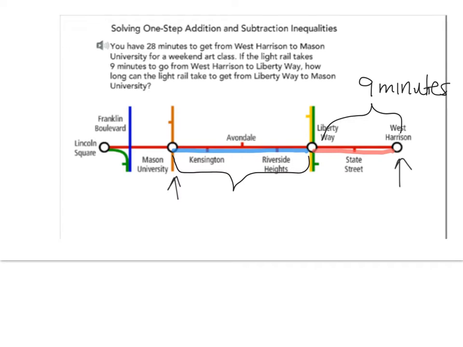Whenever we don't know the value of something, we always put a variable, so I'm going to put an X. The whole destination we want to get to is from West Harrison to Mason University, and to go that whole way, you have only 28 minutes.